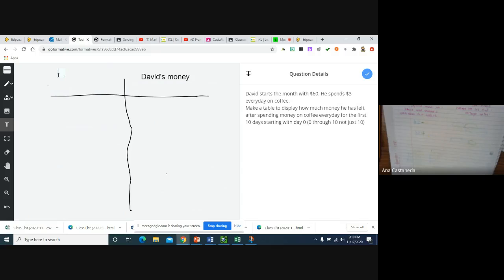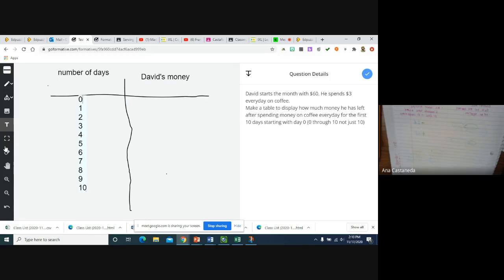And on this side, I'm going to say number of days, because every day he's spending the money. It's going to be really important when you do this that you start with 0. It's supposed to be a table of 0 through 10. If you don't do 0 through 10, then you're going to get it wrong.